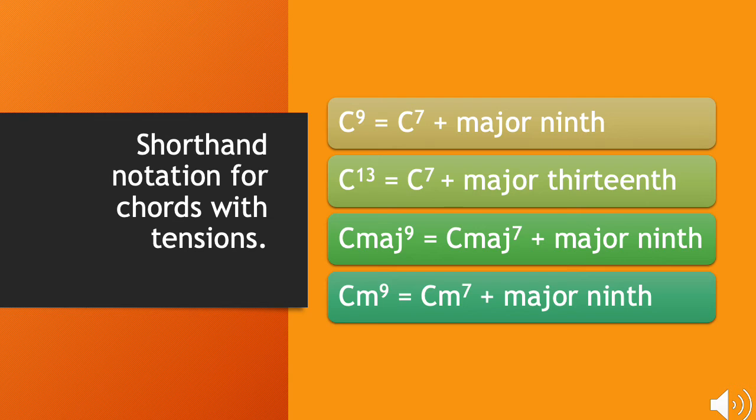C13 denotes a C7 chord with an added major 13. C major 9 denotes a C major 7th chord with an added major 9th. And C minor 9 denotes a C minor 7 chord with an added major 9th.